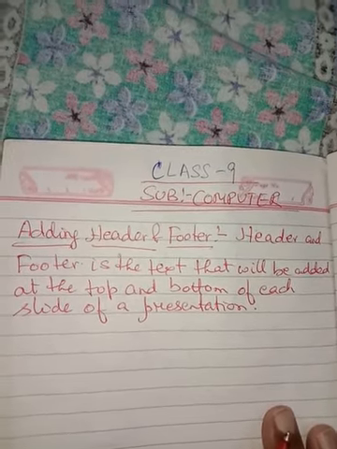The different steps required to insert the header and footer are: Step 1, first of all, click on the Insert tab. From the Insert tab, move to the Text group, and from the Text group, click on the Header and Footer option.